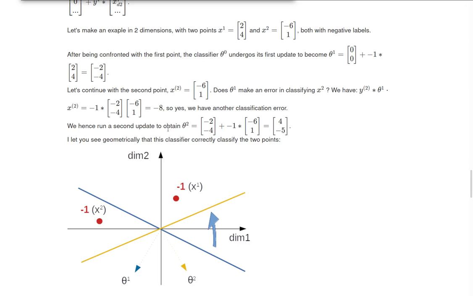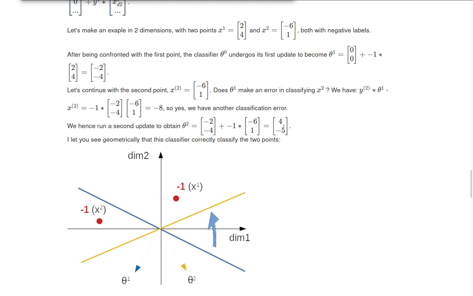At this point, we run a second update. Theta 2, the theta after the classifier saw the second point, is equal to theta 1, -2 -4, plus -1, the label of x2, multiplied by the coordinates of x2.